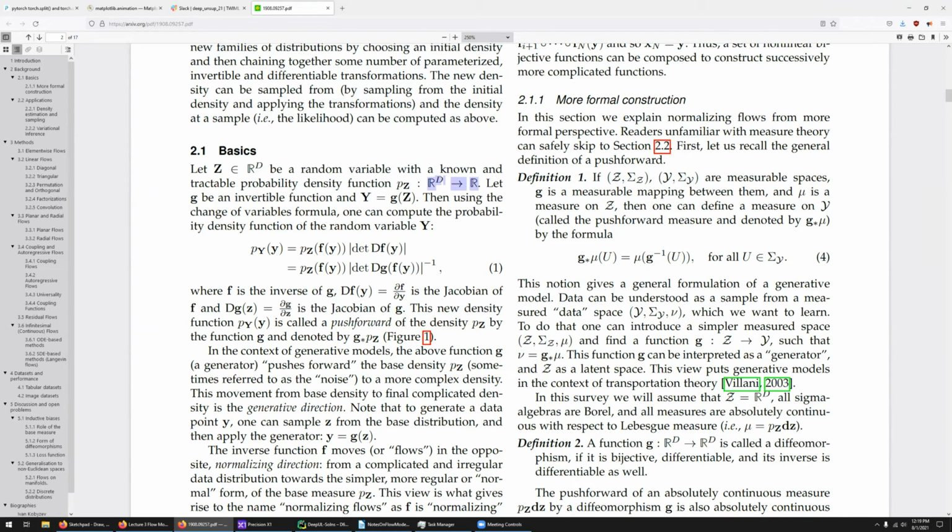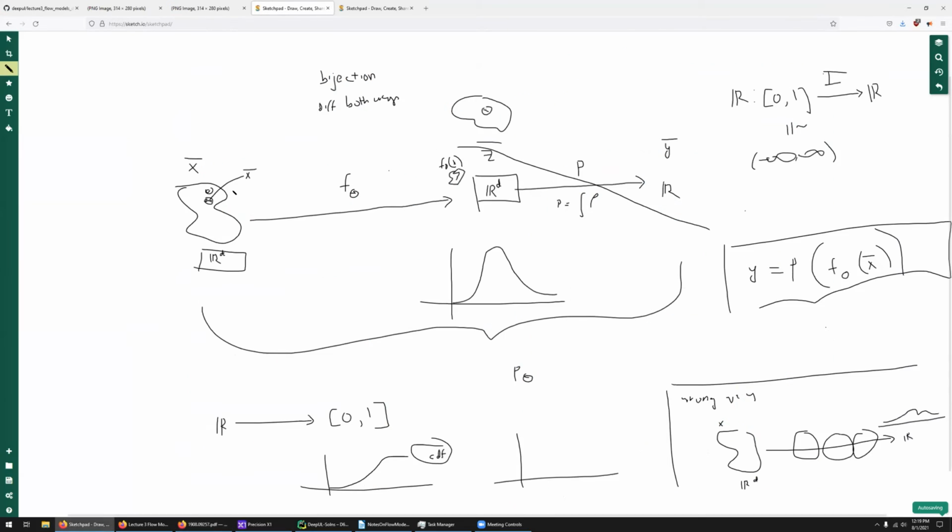But actually the point turns into a set. X is our data point, it turns into a set, and that set gets mapped onto a different set, and then the probability takes the area of the set with this density and goes to R, right? So does that make sense?